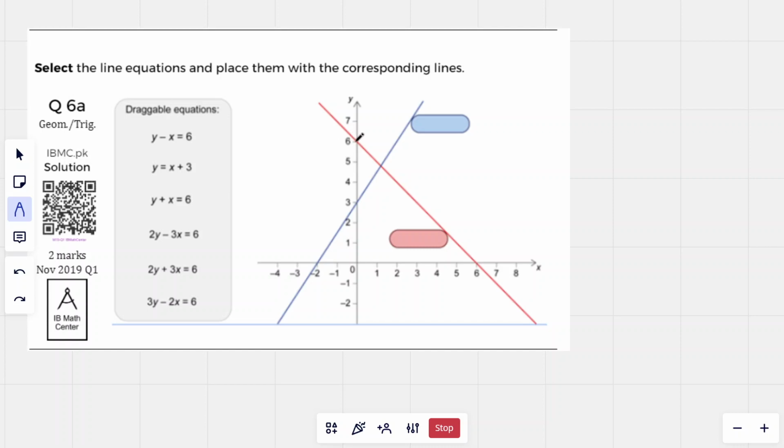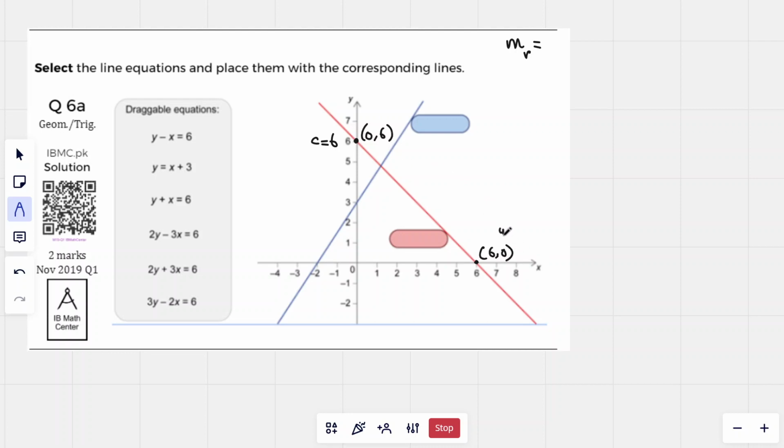So let's identify two coordinates on the red line. One coordinate is (0, 6). The other coordinate is (6, 0). We know the y-intercept of the red line is 6. Let's just find the gradient. In order to find the gradient of the red line, we'll do y2 minus y1 over x2 minus x1.